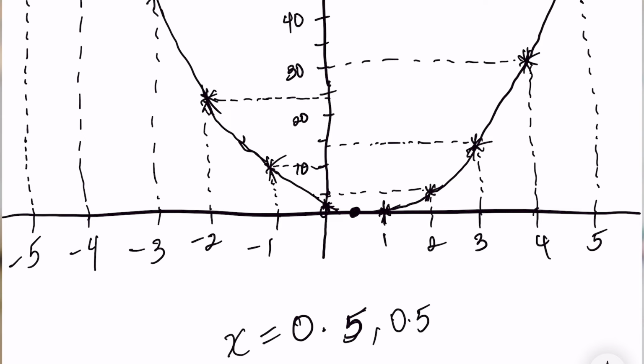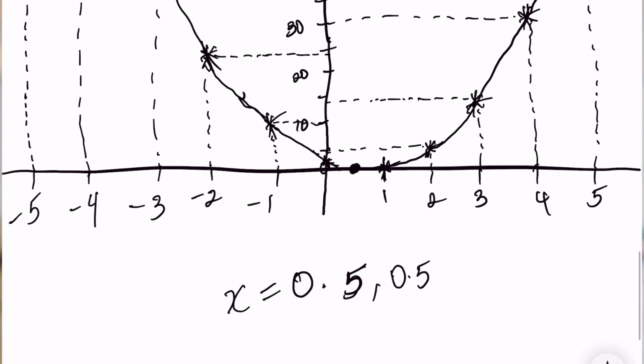Since it meets the axis at one more point, we have x to be 0.5 and we have x to be 1.